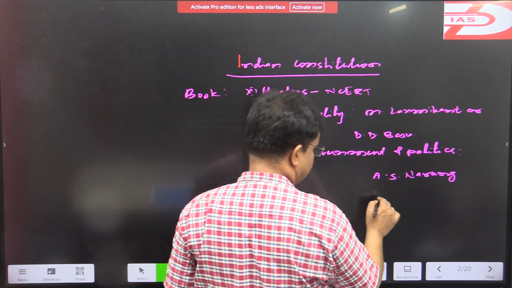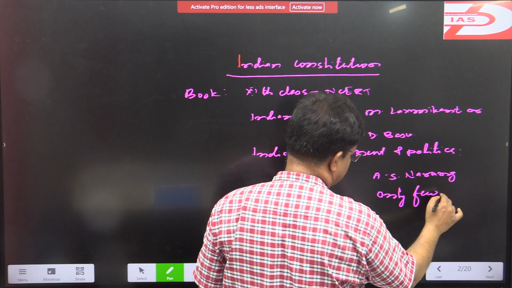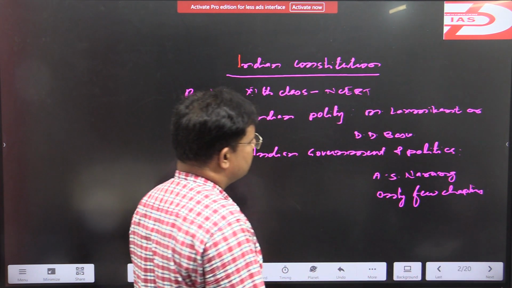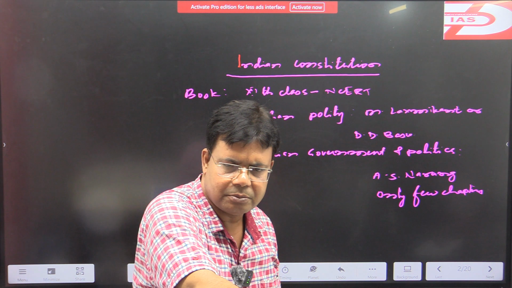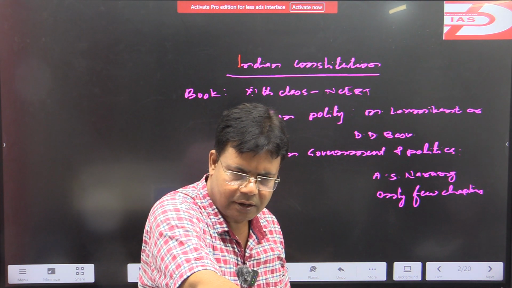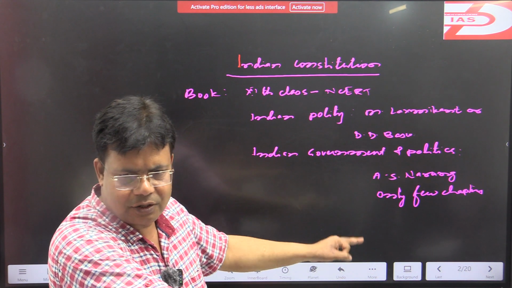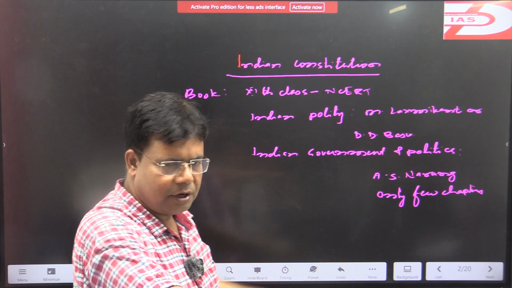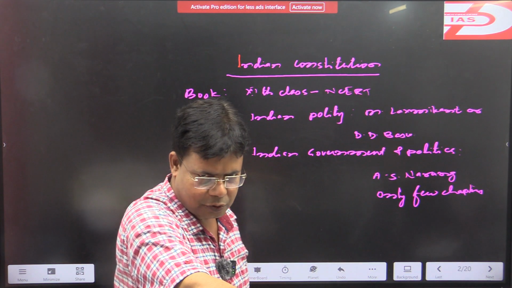Only a few chapters, like casteism, communalism, regionalism, human rights, terrorism, ethnic movement, etc. You will not get this type of material in the book of either M. Lakshmikant or D. Basu. But for that purpose, you will have to go through this book.